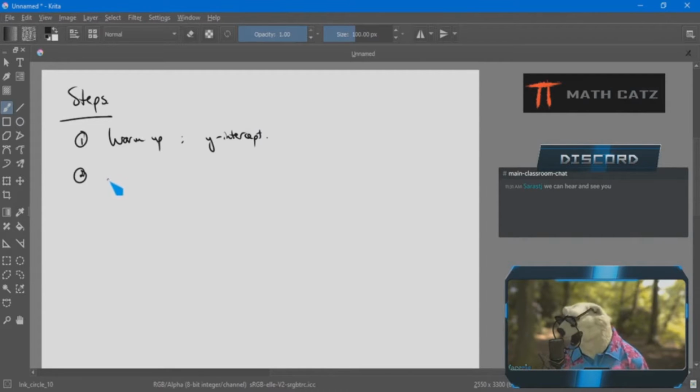Then we had our asymptotic behavior, where we analyze the function and we see what's the long-term behavior, are there any asymptotes, so on.